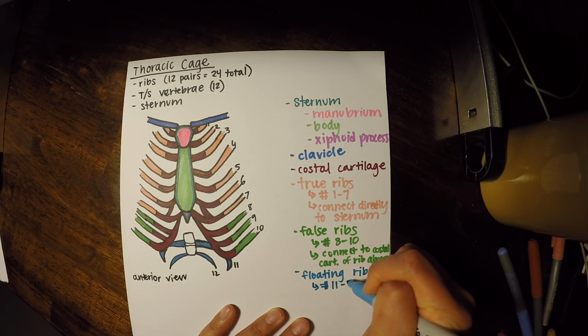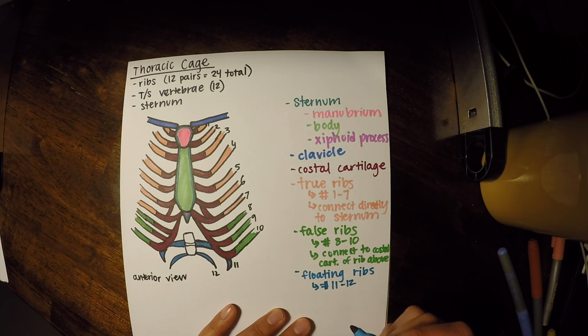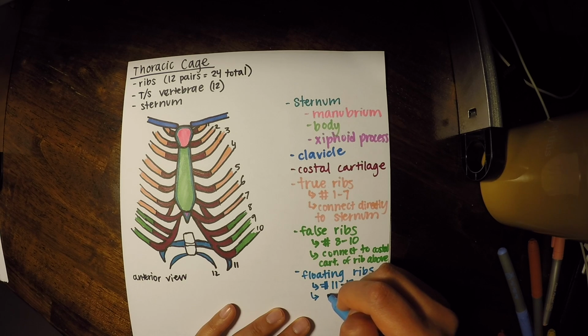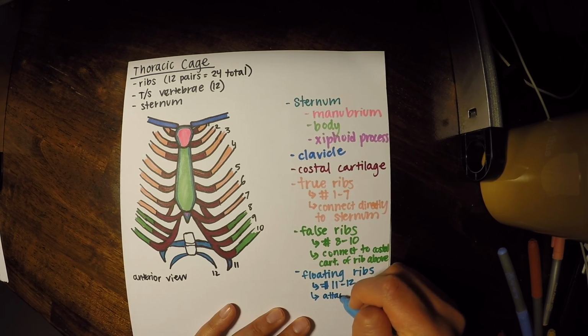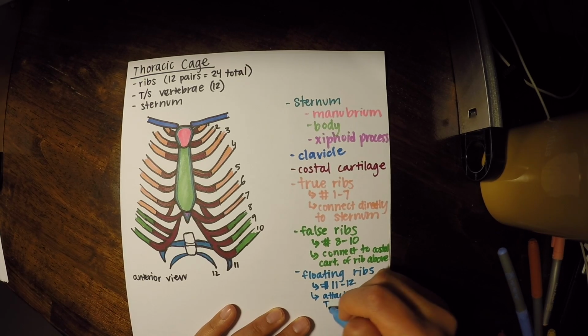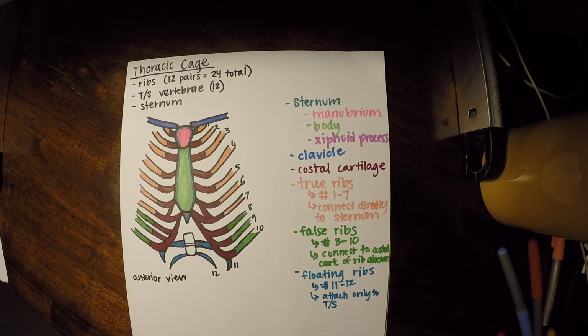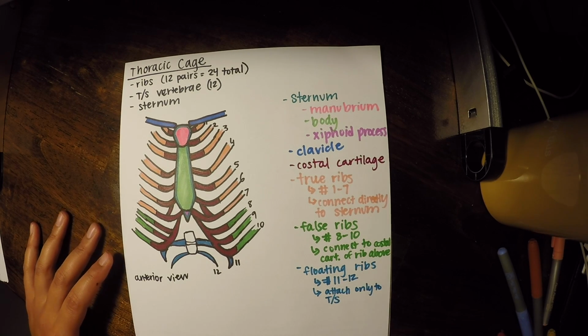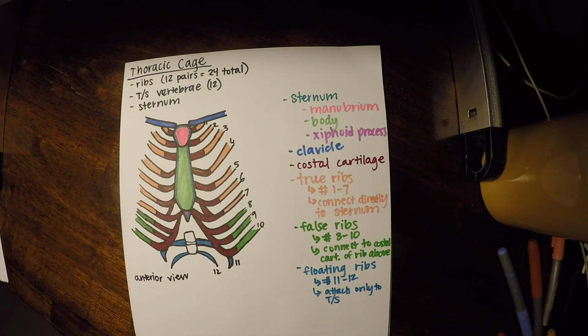Number 11 and 12. And they attach only to the thoracic spine, not to the sternum or the costal cartilage. Okay, so those are our 3 different types of ribs in this view of it.